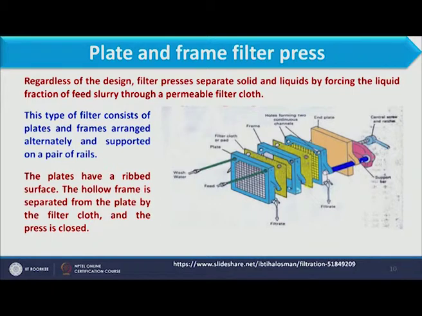The cake is deposited at the inner part of the filter media, and filtrate is collected through these plates. Similarly, in this section, feed enters, cake formation is done at this surface, the filtrate penetrates through, and then we can collect the filtrate from the plate section through these nozzles.